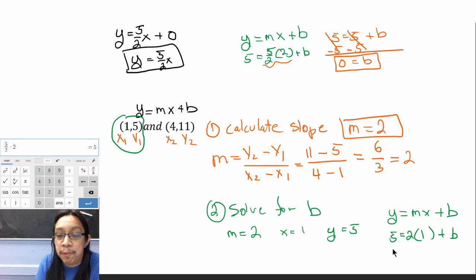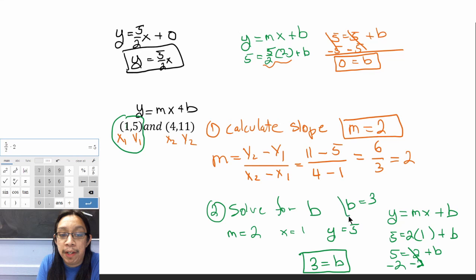So then 2 times 1 is going to be 2 plus b, and then we subtract 2 on both sides. What's going to happen is that this cancels out, and here we have 5 minus 2, which is going to get us a value of 3. So that means 3 is equal to b. So we know what the b value is now. B is completely by itself, so that means b is equal to the number 3.